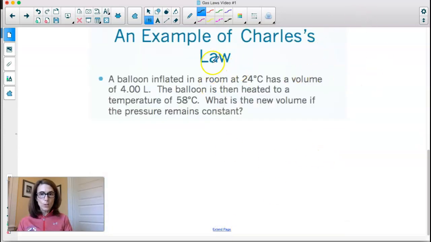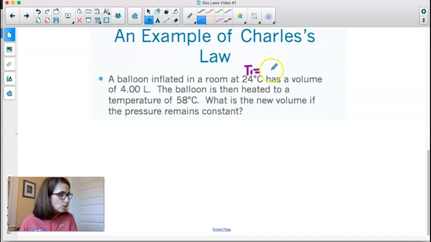A balloon inflated in a room at 24 degrees C. So there's our T1, but remember, we have to convert to Kelvin. I'm going to add 273 to 24, and what I get is 297 K for our T1.